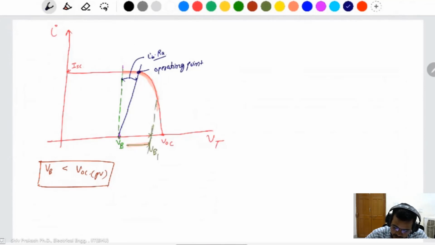In that case, if you take a charging line, the operating point is this one, with a very reduced current. The current will be reduced at that point.